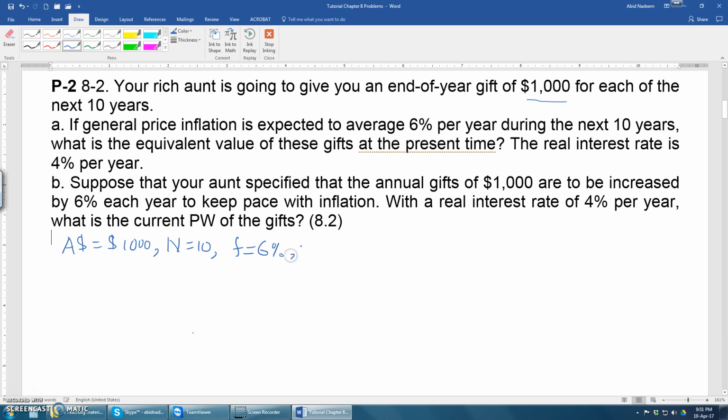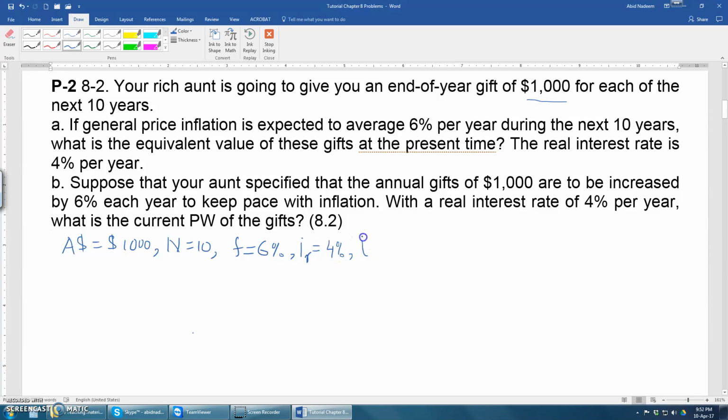The interest rate given is the real interest rate, which is 4% per year. When you are using actual dollars, you must have the market interest rate.